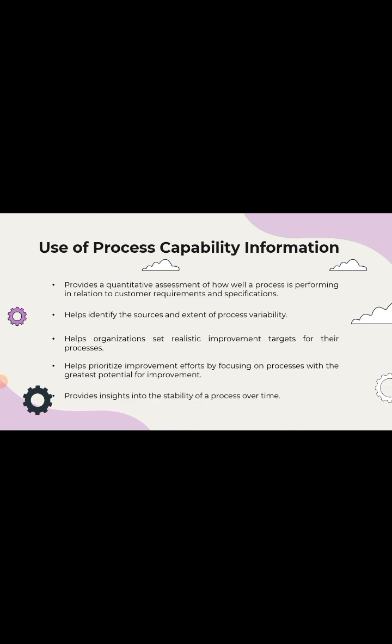So it helps identify whether an improvement needs to be retained, continued, or stopped, because capability information shows whether it is effective or defective. The last one provides insights into the stability of a process over time. So, in short, as the process goes, it gives a clearer picture of whether this capability information or process is able to help the company.